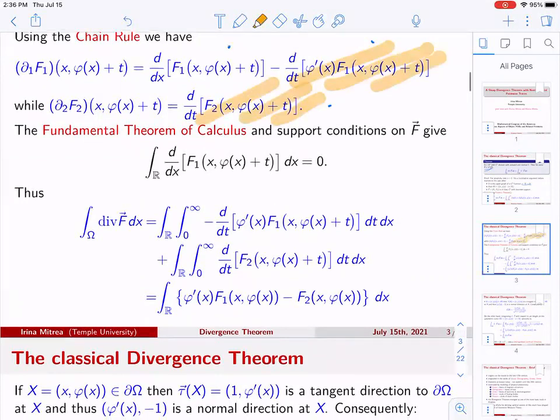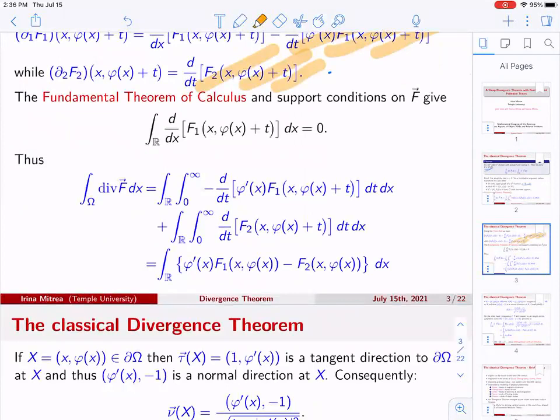Employing Fubini here, we have the integral over R and the integral from 0 to infinity of the first term, plus the integral of the second term.